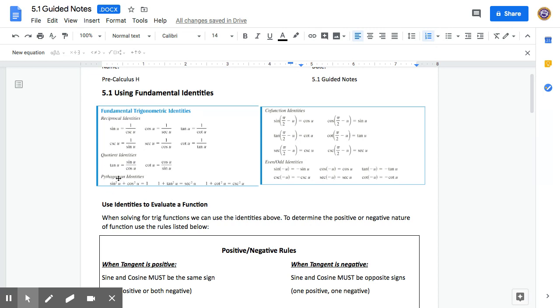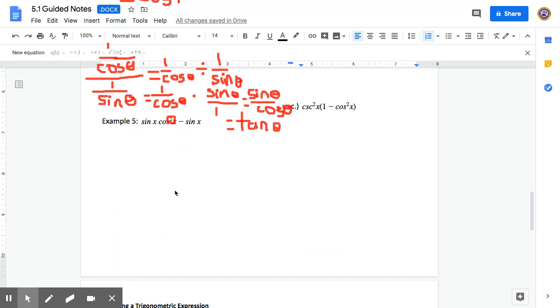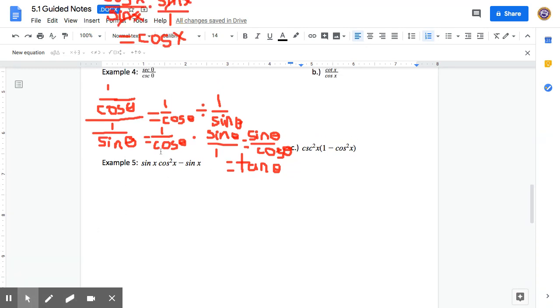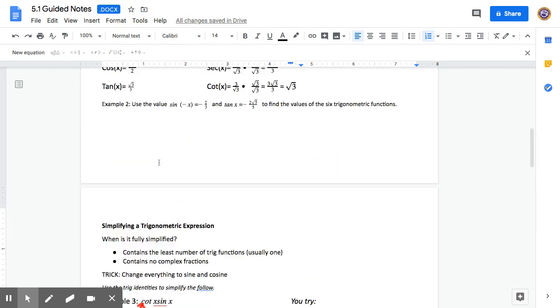Now you can rearrange the Pythagorean identities to solve for what you have. For example, if I want to replace cosine squared x, because maybe I want all of these to be sine, which would be a good idea, I need something that's equal to cosine squared x.